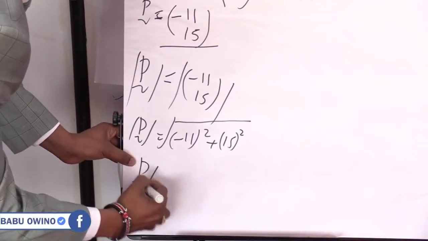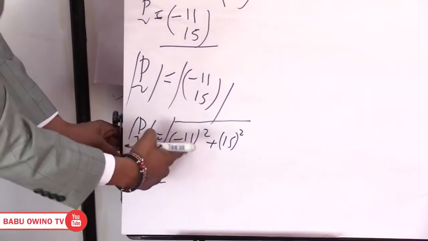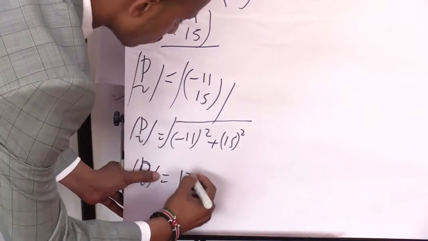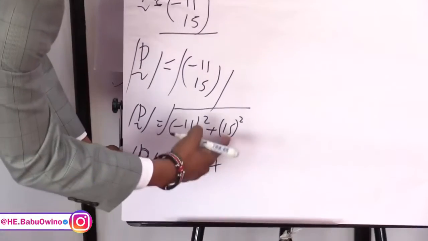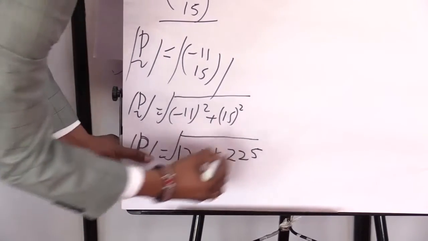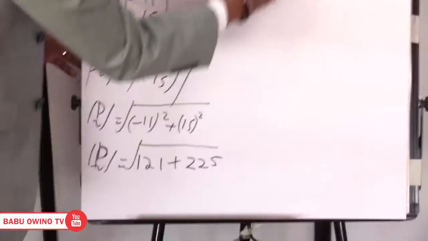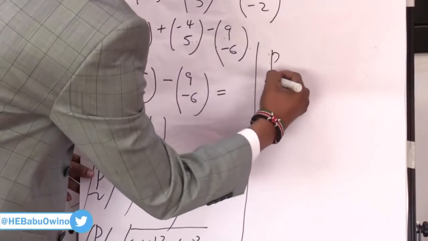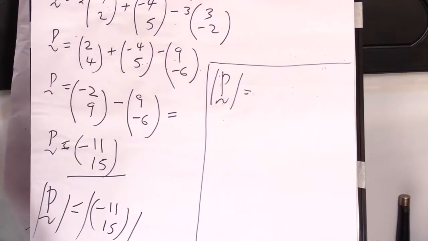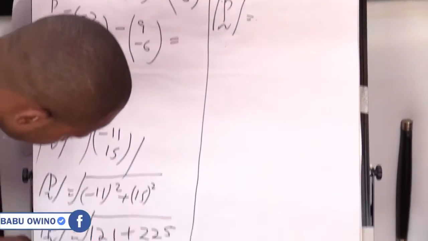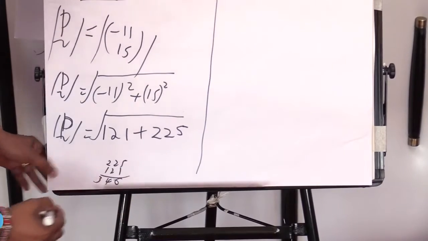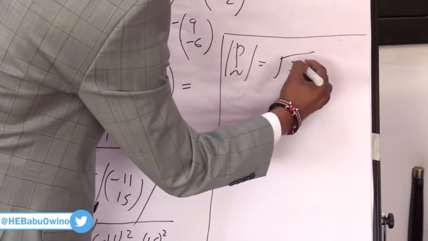So the modulus of P equals 11 times 11, minus 11 times minus 11 is 121, plus 15 squared is 225 into the square root. So this comes to 121 plus 225. This is 346, the square root of 346.